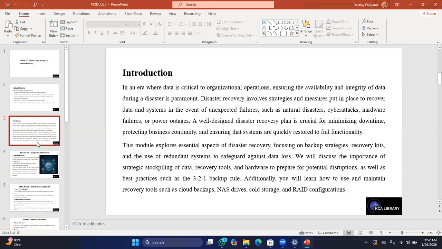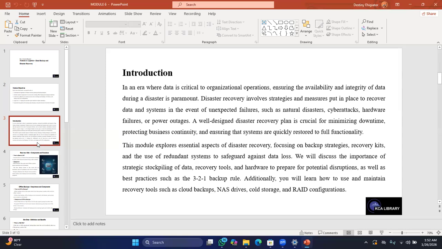to full functionality. This module explores essential aspects of disaster recovery, focusing on backup strategies, recovery kits, and the use of redundant systems to safeguard against data loss.